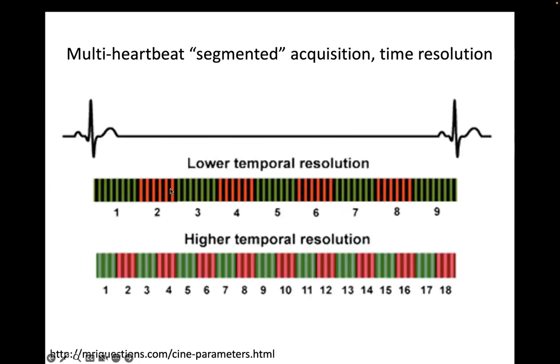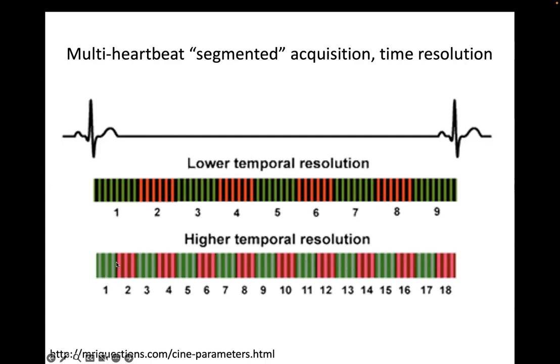If we want to do our acquisition in fewer heartbeats, we can do a set of phase encoding pulses such that we get a bigger chunk of time. We step through a whole bunch of phase encoding pulses here and call that one segment. If I step through half as many phase encoding pulses and call that one segment, I need twice as many views, or twice as many heartbeats, to fill in my k-space.